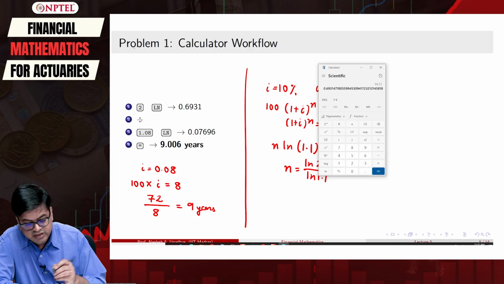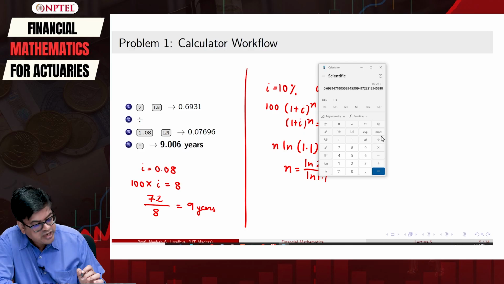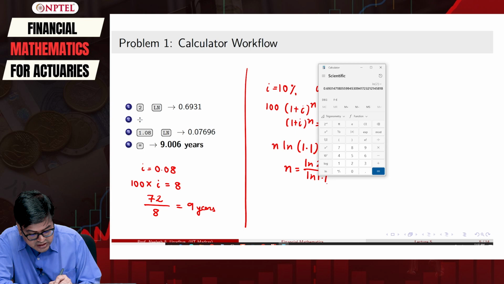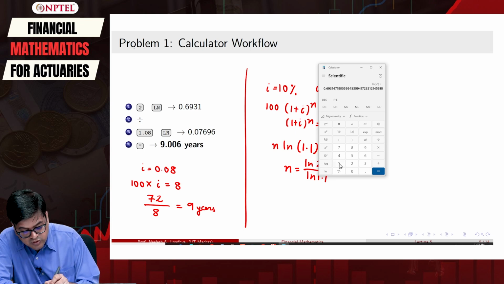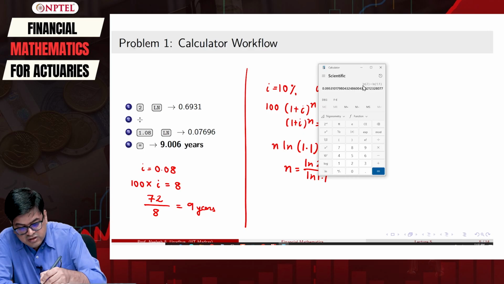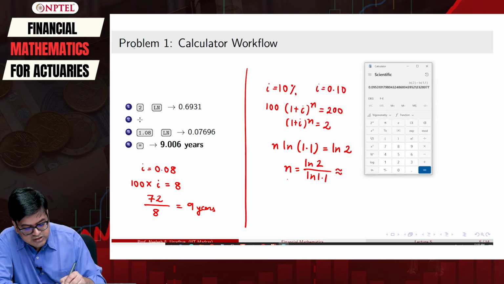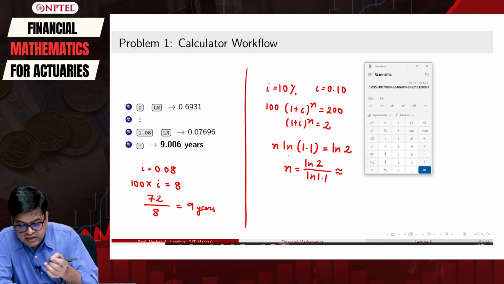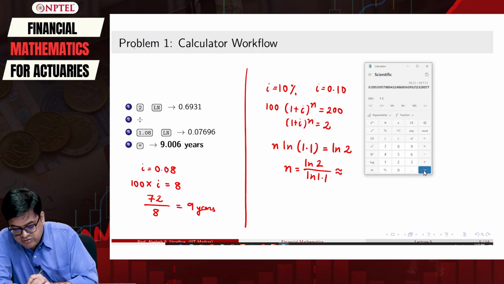Then I will press the divided by sign, then take 1.1 in this case, and then take ln of that, which will give me some answer. So I have the equation, which is ln of 2 divided by ln of 1.1. That is what this equation is. Now I will press the equal to sign.